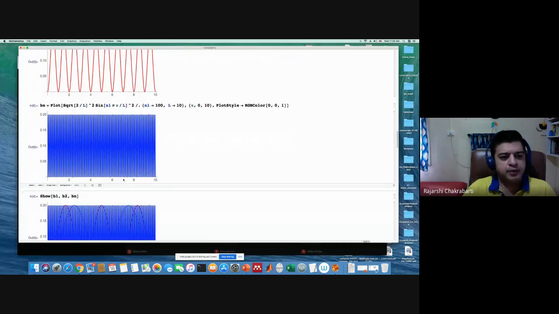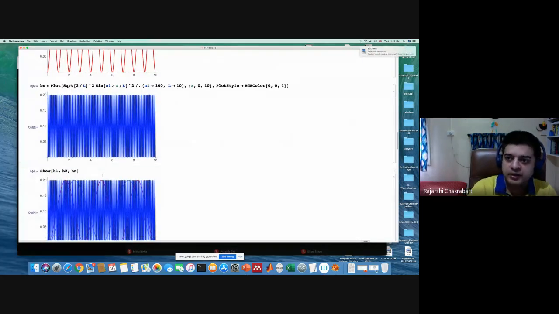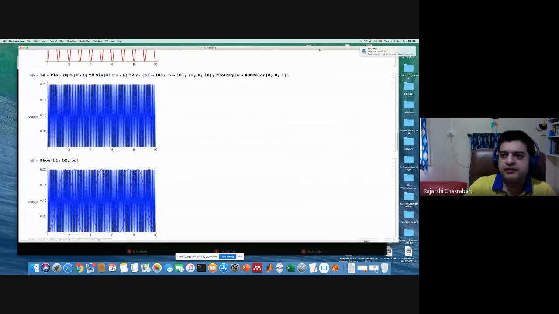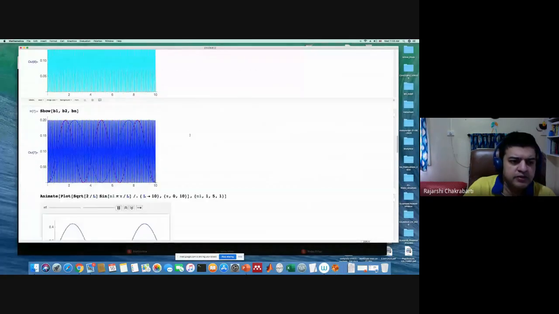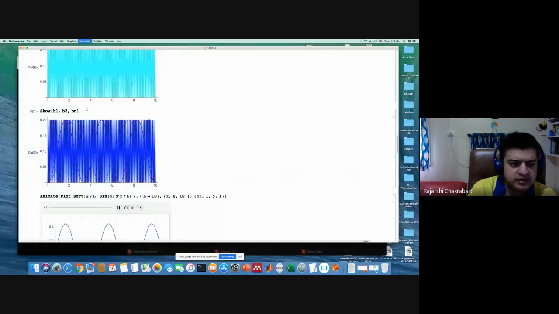So for example, I can plot this along with other quantum numbers. If I plot this with quantum number 1 and 2, the blue one is 1 and the red one is for 2. I can change the color if you want. Maybe if I change the color, you can see.